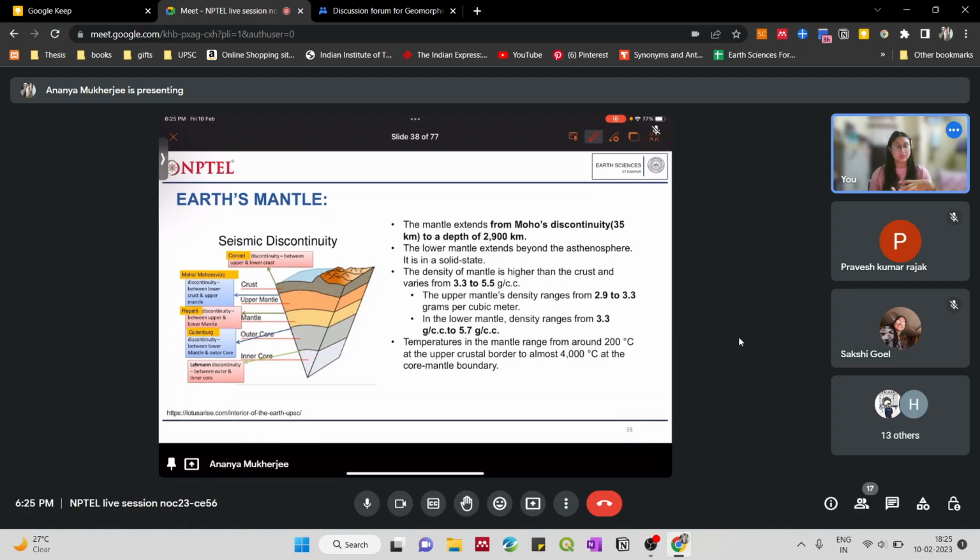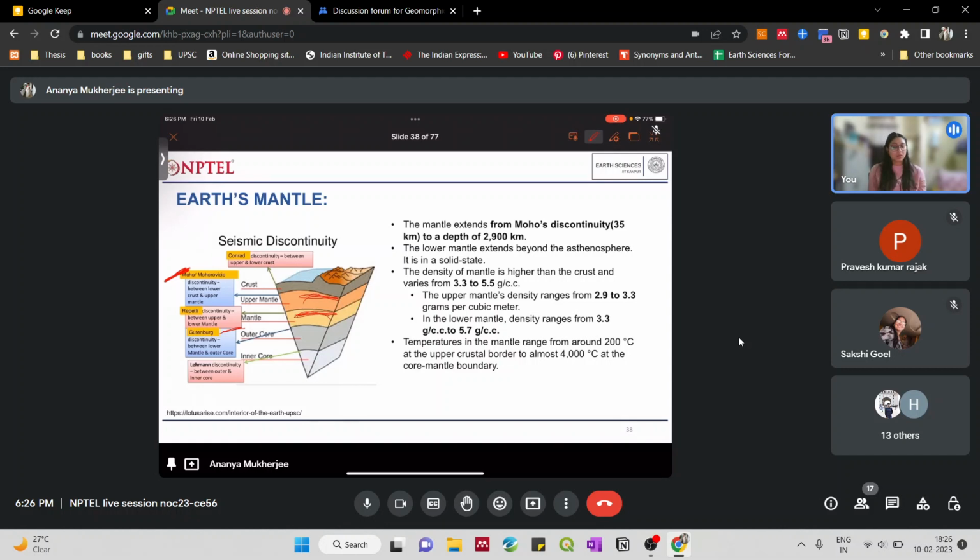It goes from 35 kilometers up to 2,900 kilometers. 35 kilometers, if you remember, is the Moho discontinuity, and the discontinuity present at 2,900 kilometers is the Gutenberg. As we said before, the mantle is divided into the upper mantle and the lower mantle.